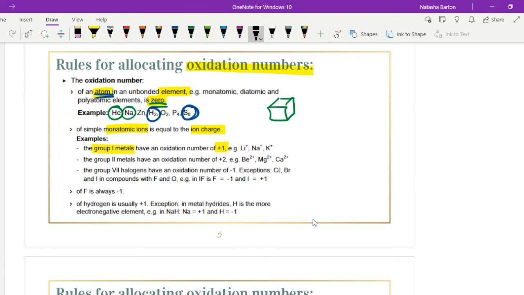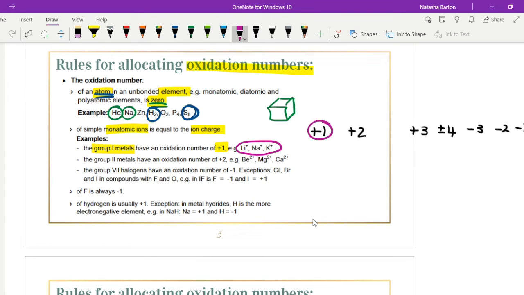You may remember in grade 10 you learned +1, +2. Skip the transition metals, +3, plus or minus 4, -3, -2, -1. You learned about this in grade 10. So lithium, sodium, potassium, when they are bonded as ions, they're in group 1, which means they lose 1 electron.